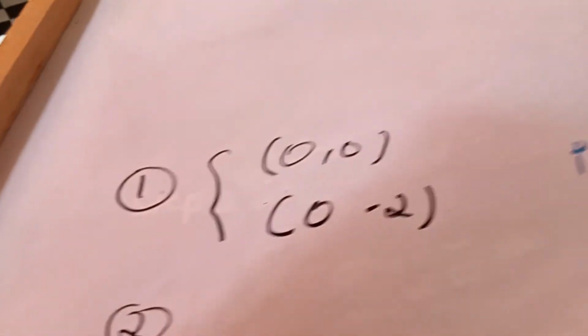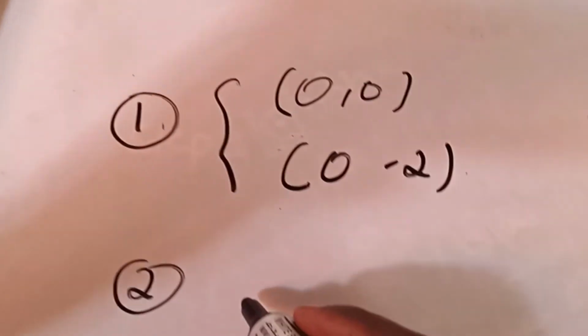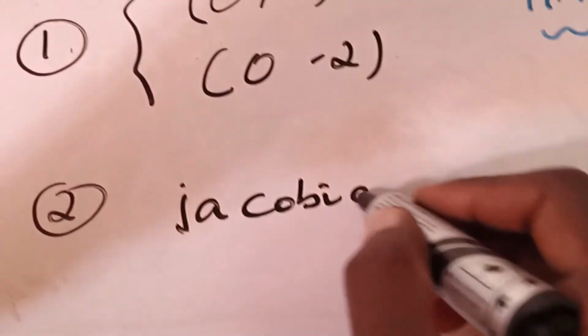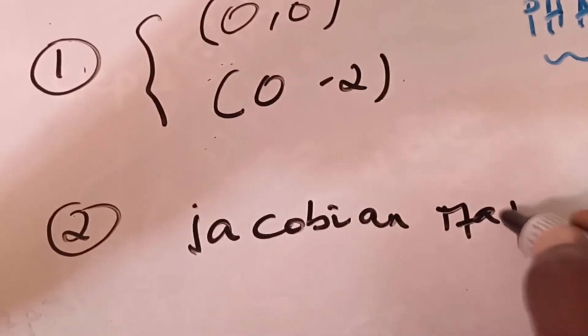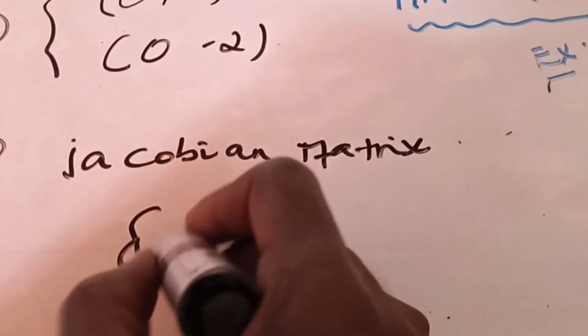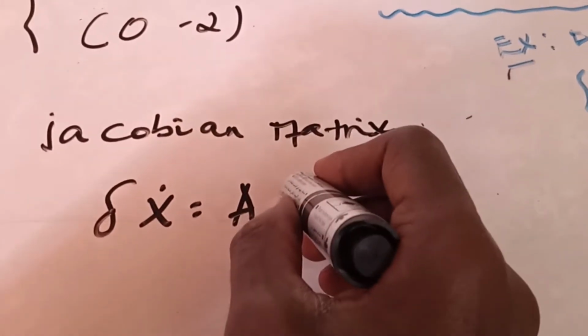In step 2 we need to find out the classification of the singular points. So in order to classify the singular point, we have to use the so-called Jacobian matrix. Jacobian matrix is x dot equivalent to A times x.